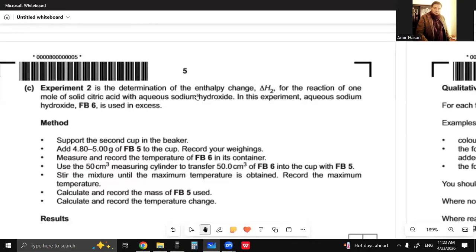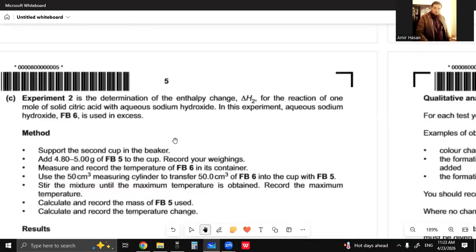Here, experiment 2, enthalpy change delta H of the reaction of 1 mole of the solid citric acid with aqueous sodium hydroxide. In this experiment, when the sodium hydroxide is in water, this is the FB6. Now support the second cup in the beaker, add 4.25 gram of FB5 to the cup, record your weight.